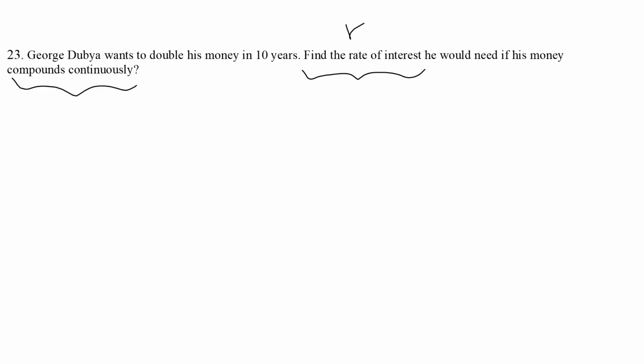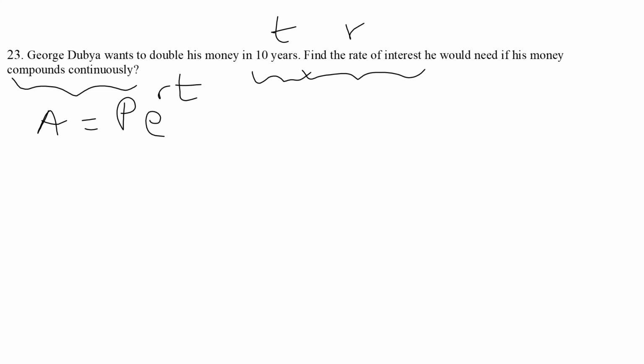In 10 years, that represents the t. And the formula for continuous compounding is A equals P e to the rt. Now, we don't know the P, the original amount of money.